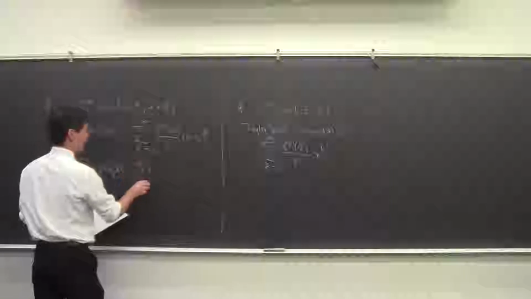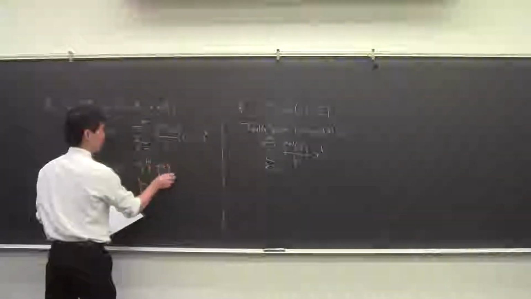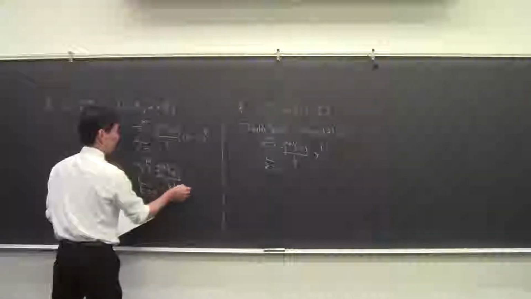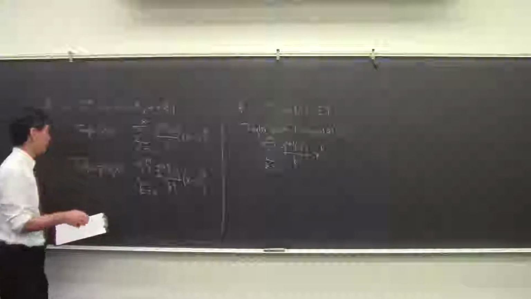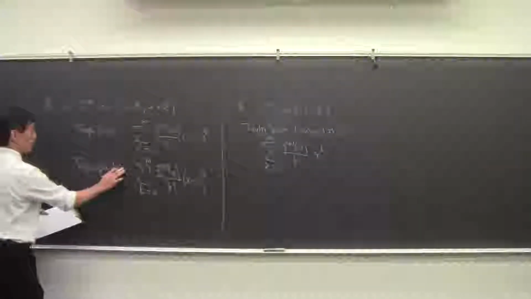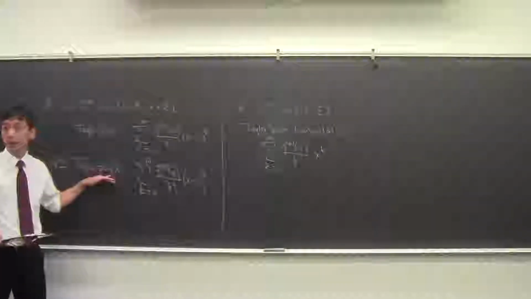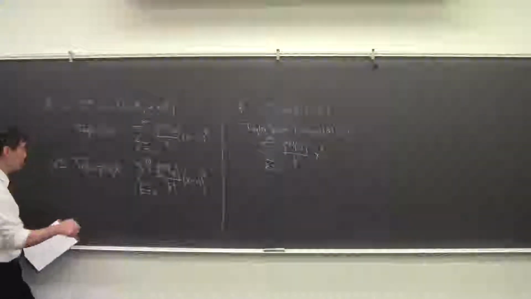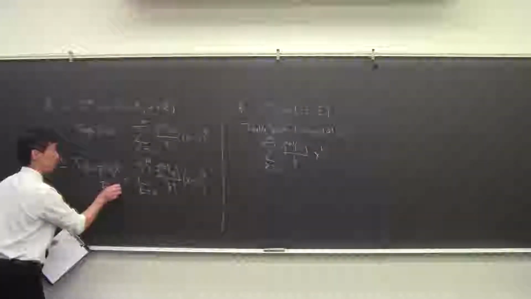We sum from k equals 0 to n, you take the sum of the first n plus 1 terms. This would be called the nth Taylor polynomial. Let's call this thing p sub n.